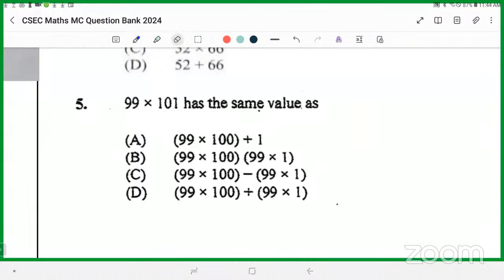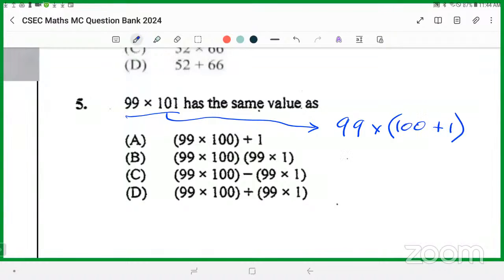In prep school, they will call this the expanded form. So if you notice, the 99 is multiplying throughout. So I'm going to write this firstly as 99 times 100 plus 1. That's 101.